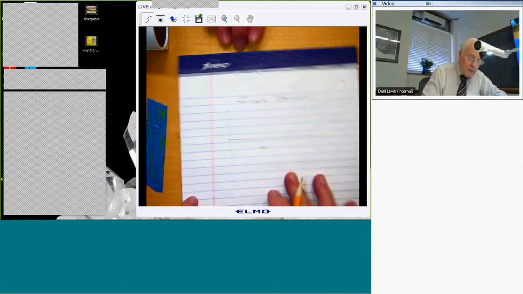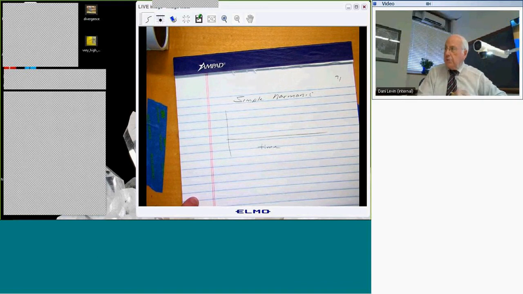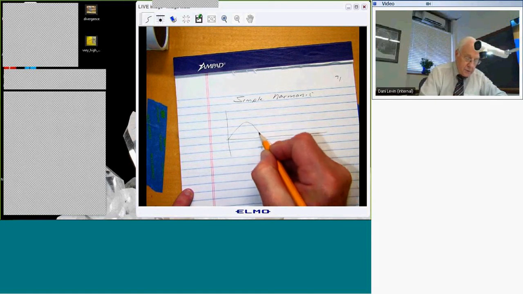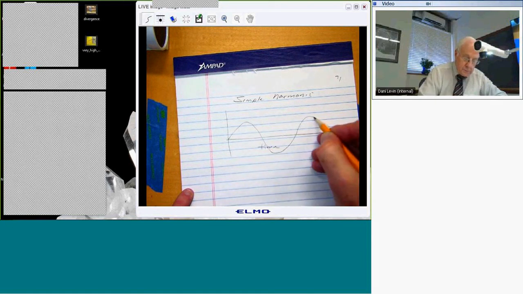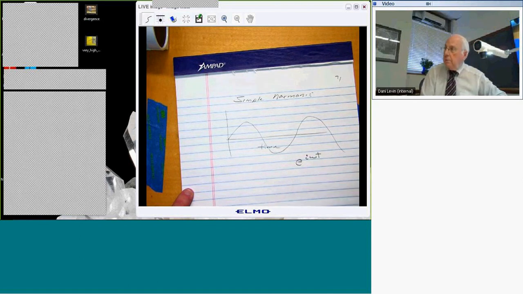I don't draw the sinusoid very well, but this is my approximation of a sinusoid. It means it's just a nice single sinusoid. And mathematically, that's represented by e to the i omega t. Okay? So it's a sine or a cosine, or a combination of sines and cosines.